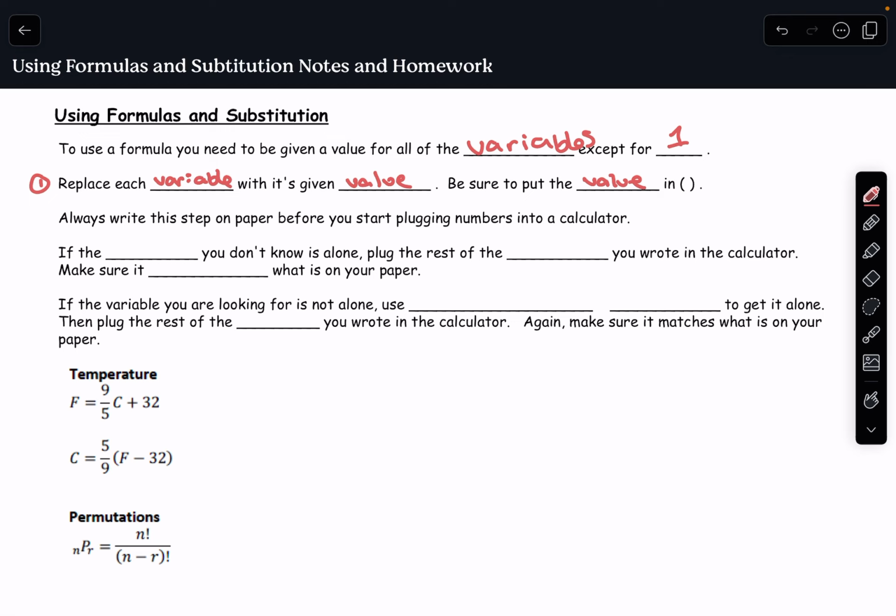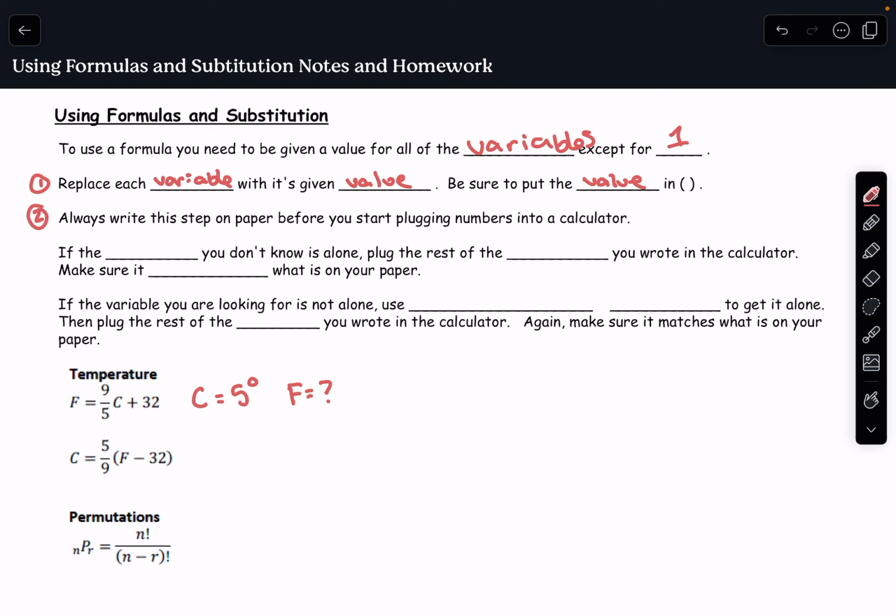So if I were told that C was equal to 5 degrees, so I know that C is 5 degrees, but I don't know what F is. It doesn't give me a value for F. Then I want to plug in that 5 where the C value is. And when I do that, step 2 says to always write this step on your paper before you plug it in the calculator.